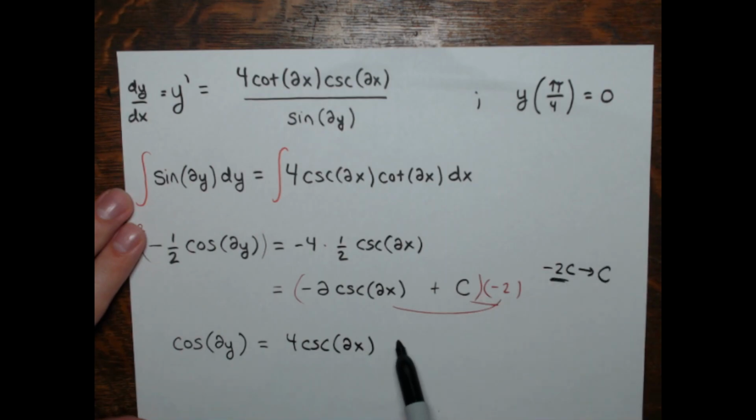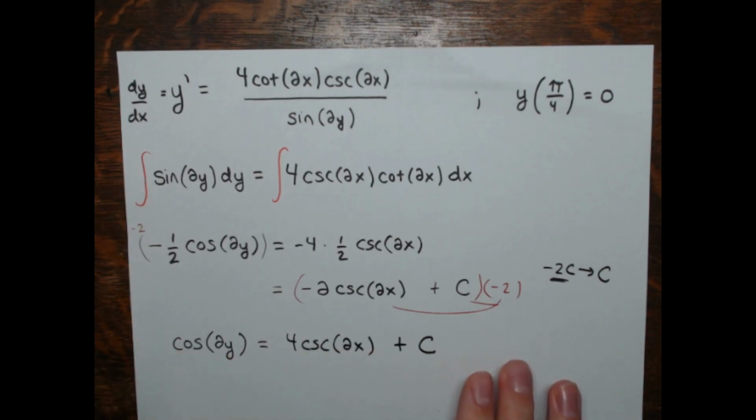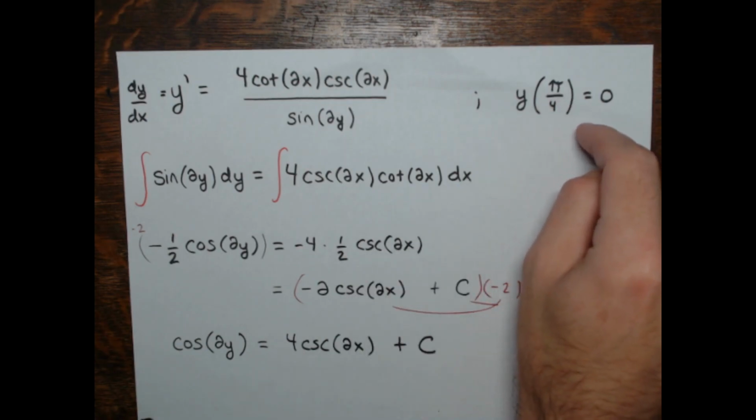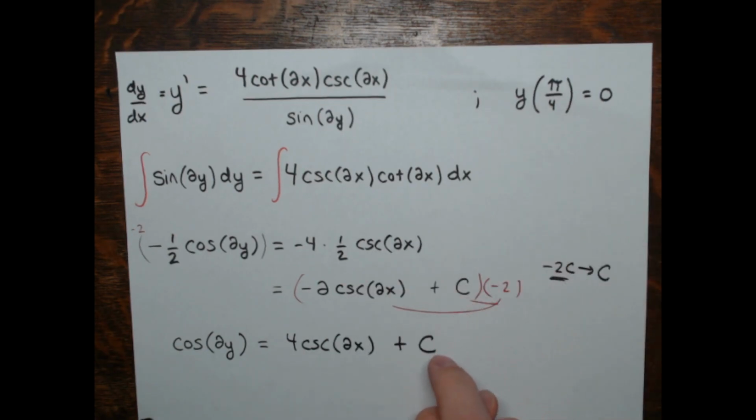So again, I'm just going to say plus c. Now I could continue on and solve for y, and we're going to have to eventually. But I personally, when I'm given an initial value problem, especially with these separable equations, after integration, when I get the implicit form of the solution, I'll use the condition now, find c, and then once we've found c, I'll go and solve for y.